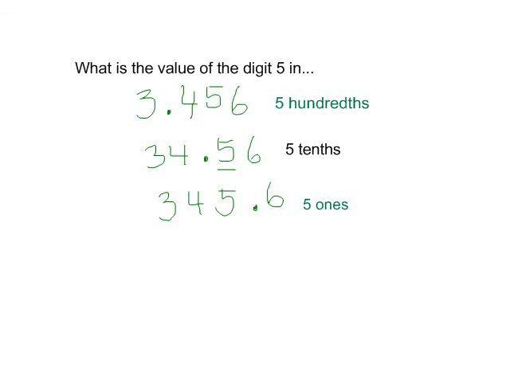Now, how much greater is the number 34.56 than 3.456? The answer would be it's 10 times greater. And the number 345.6 is then 10 times greater than 34.56.